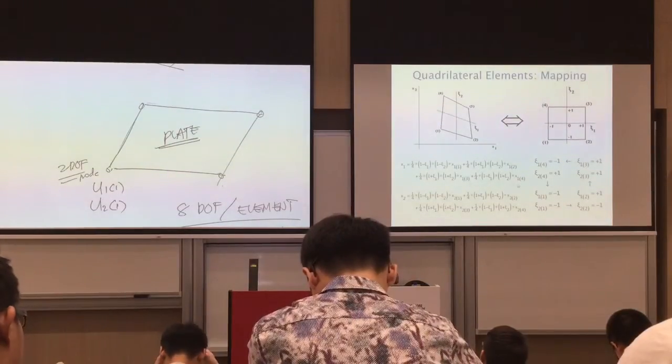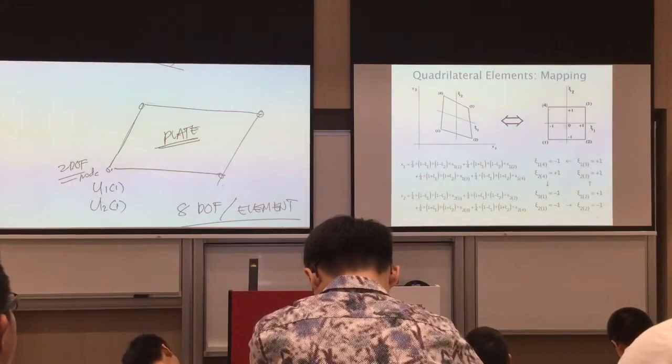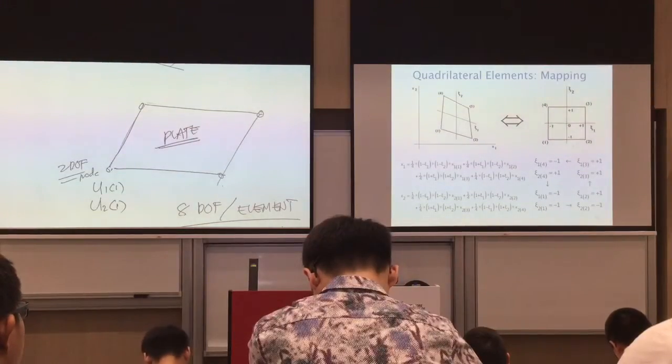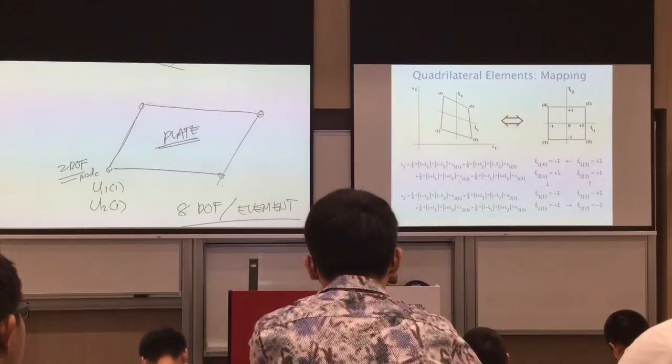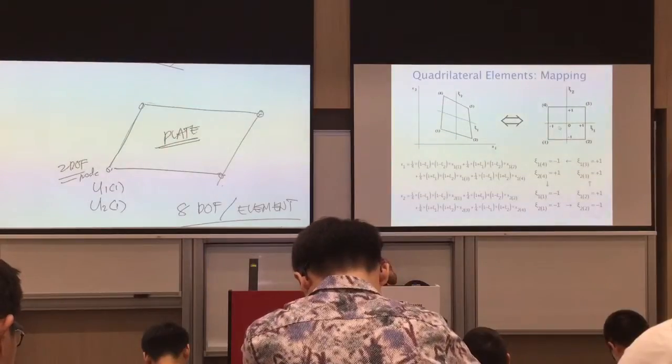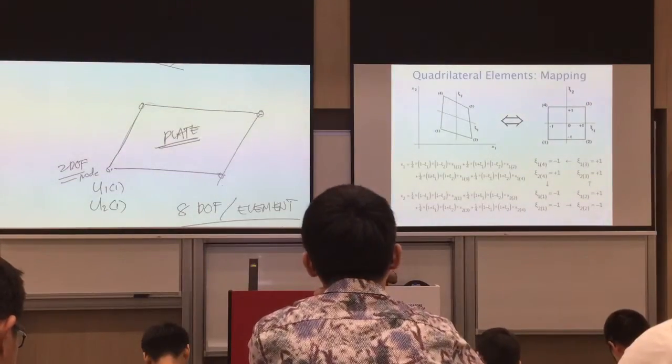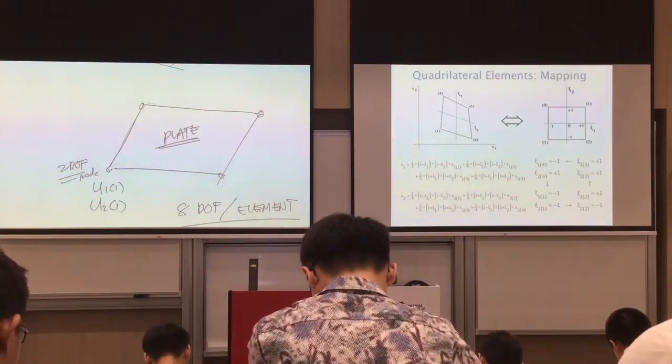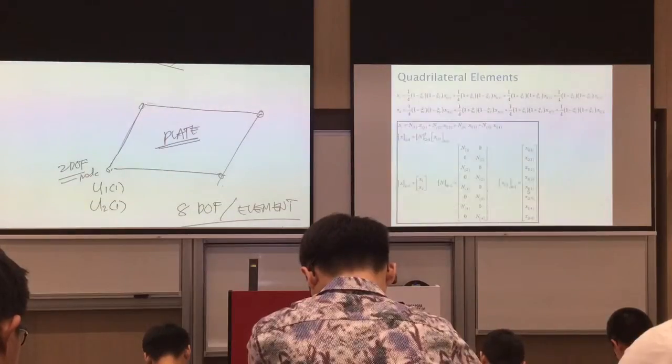And then x14 is this one here, minus C1 plus C2. So pretty much standard. This is a pretty much standard mapping technique for a quadrilateral element. So from this one to that. Okay, so have a look, they are the same. So not a problem. So that is your x.